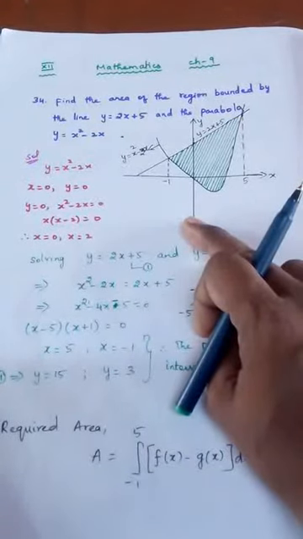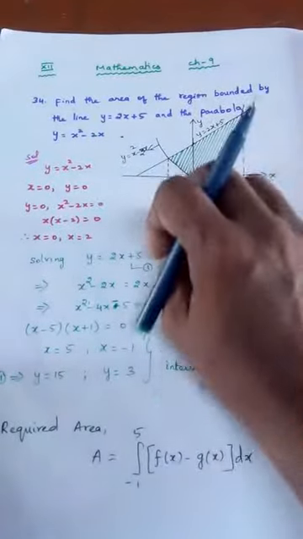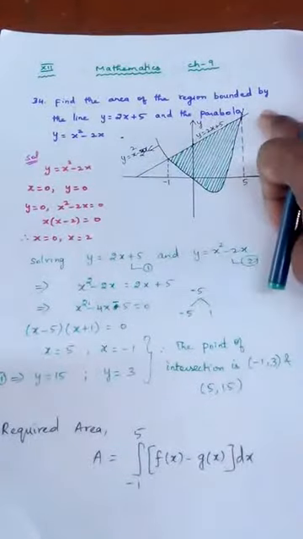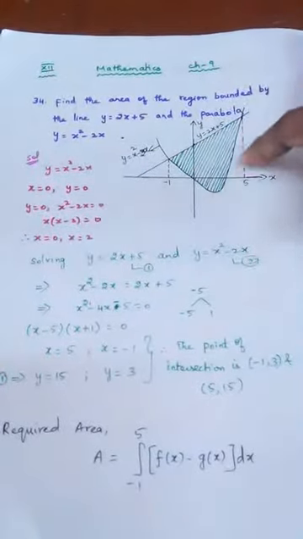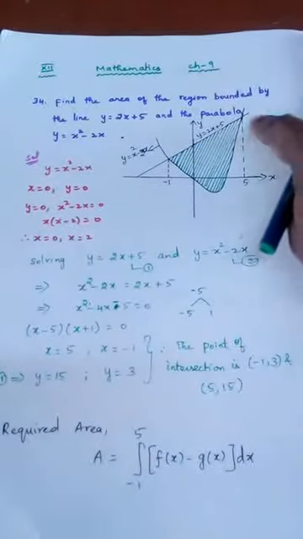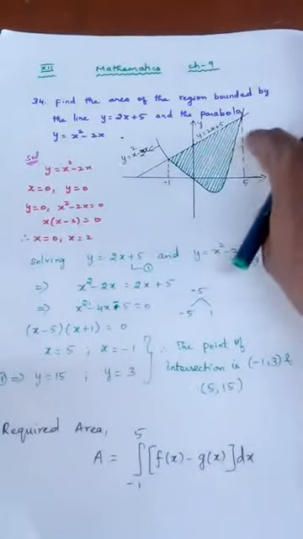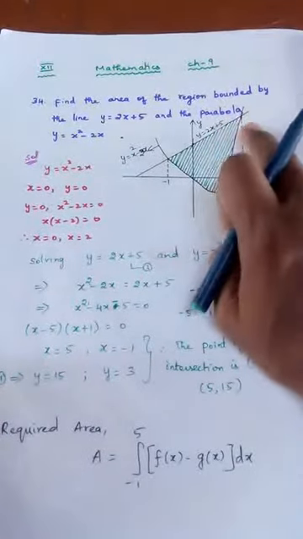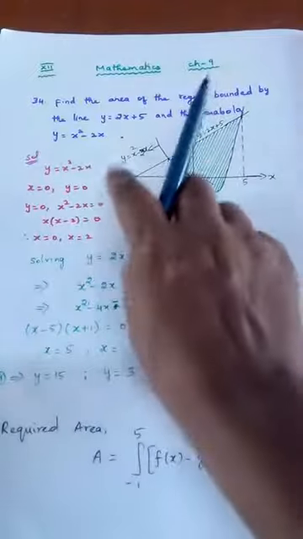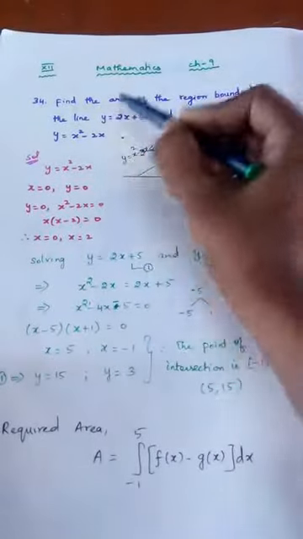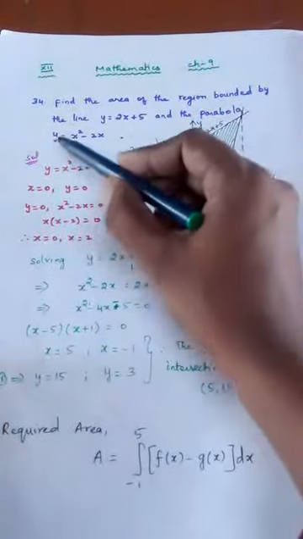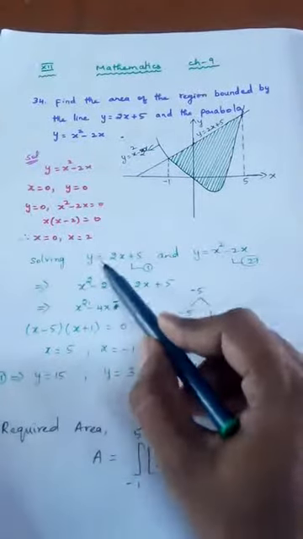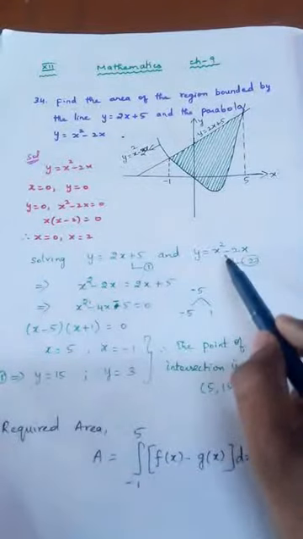Then, in order to find the point of intersection of the curve and the straight line, we need to find where they are intersecting. We need to solve these 2 equations: y is equal to 2x plus 5 and y is equal to x square minus 2x. So the first step is solving these 2 equations.